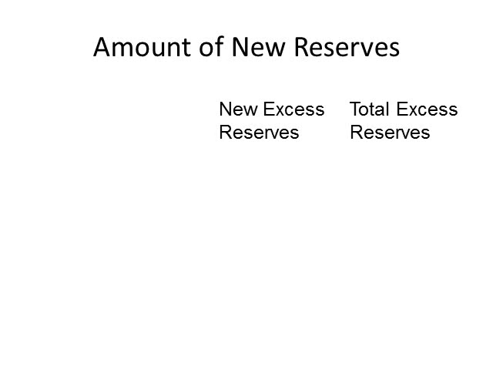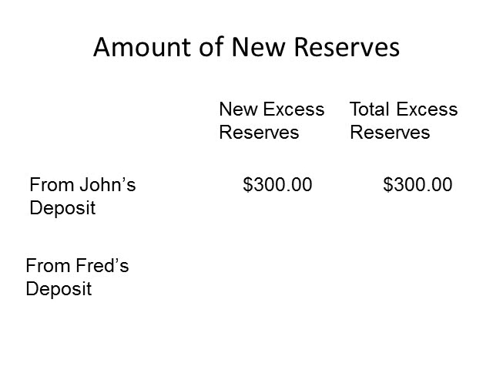Let's take a minute and see what happens to excess reserves and by extension loans when John deposits $400 into a bank. When John deposits $400 in the bank, $300 of excess reserves are created and also $300 worth of loans. The total excess reserves available to the bank is $300. These excess reserves become a loan to Fred.